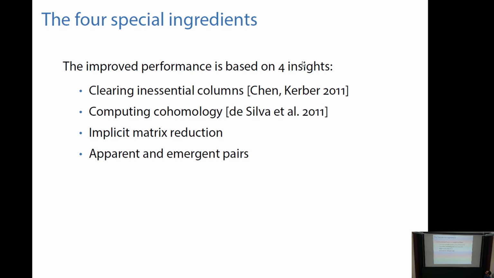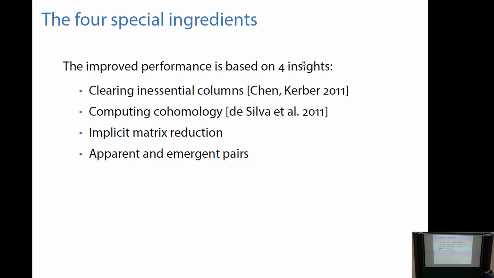The second one was an observation made by Vin de Silva, Mikael Vejdemo-Johansson and Dmitriy Morozov that computing persistent cohomology in certain cases can be much faster. And I will give you a simple counting argument, at least providing an intuitive explanation for why that should be true.